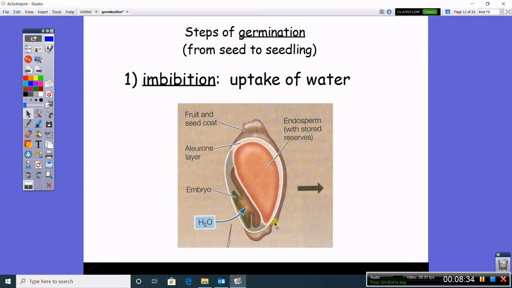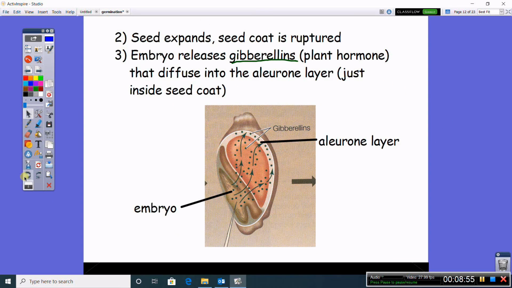The reason I tell you that is so you realize that the first step in order for a seed to germinate is imbibition. Imbibe means you're drinking something, so imbibition is the uptake of water by the seed. That will cause the seed to expand and the seed coat to rupture.